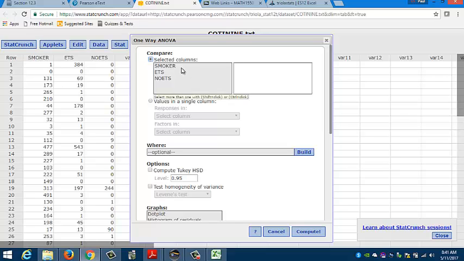And this is really nice. You don't have to stack any data. You just say, hey, which columns do you want? Smoker, exposed to smoke. So these three, I will highlight all three by using Shift and then clicking on them. And if I just say compute, I think it'll work.